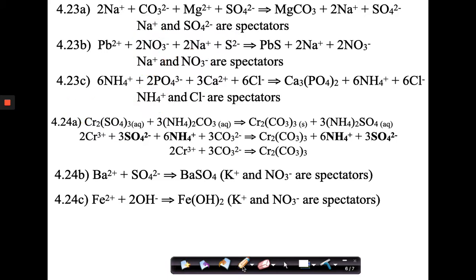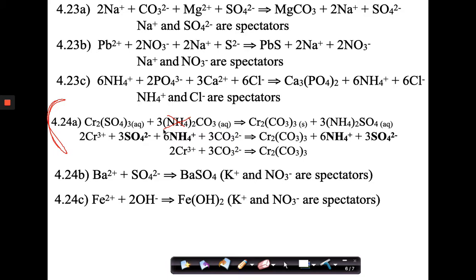So guys, with that said, now let's go up here to the screen. Looking at number 24, if we want to figure out what our net ionic equation is, we can start to take some of these ideas. Because I know ammonium is always going to be soluble. That guy's always going to dissolve in water, so it will always be a spectator.